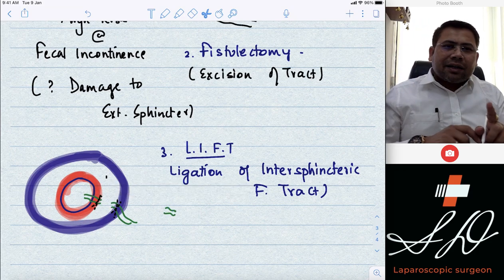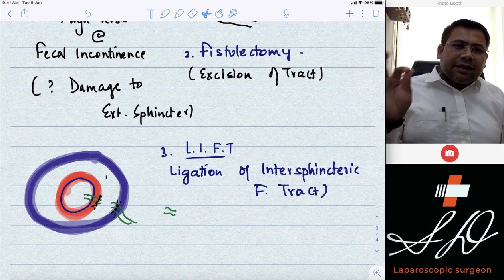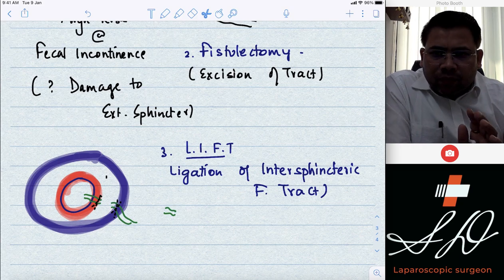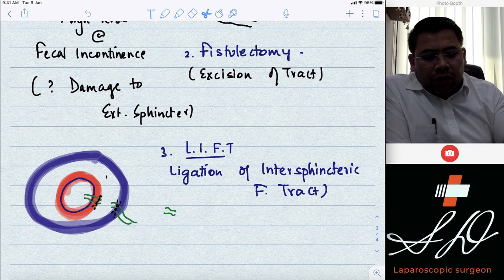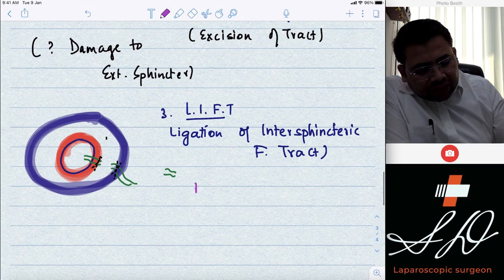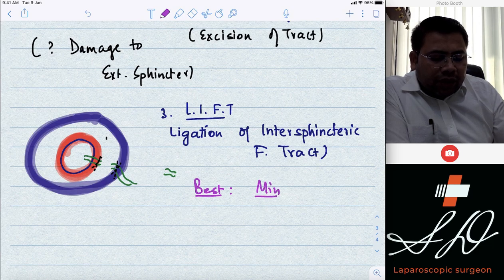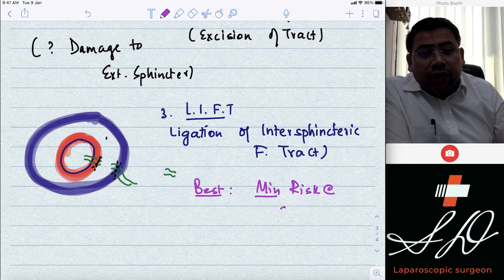Can you see you have discontinued the fistula also? Yes, there is an option that you can excise the external tract or do curettage. This is what is known as LIFT. Do you know LIFT is the best procedure nowadays? It's the best procedure, and why is it the best? Because it is associated with minimum risk of damage to the external sphincter.